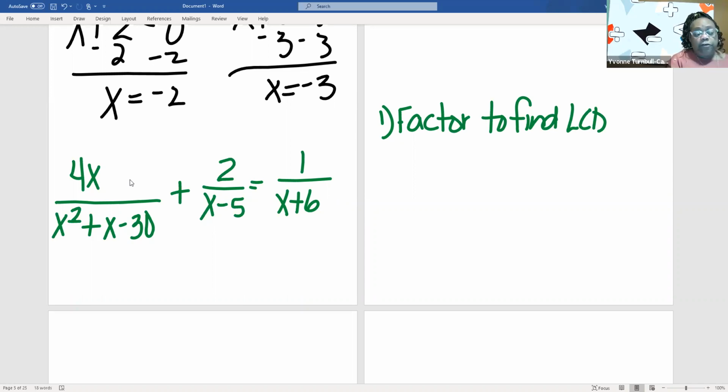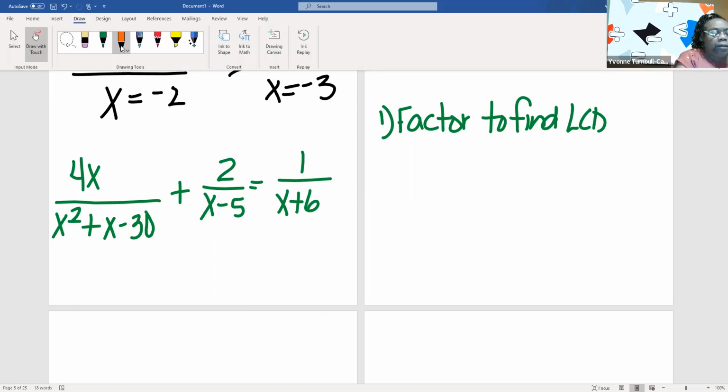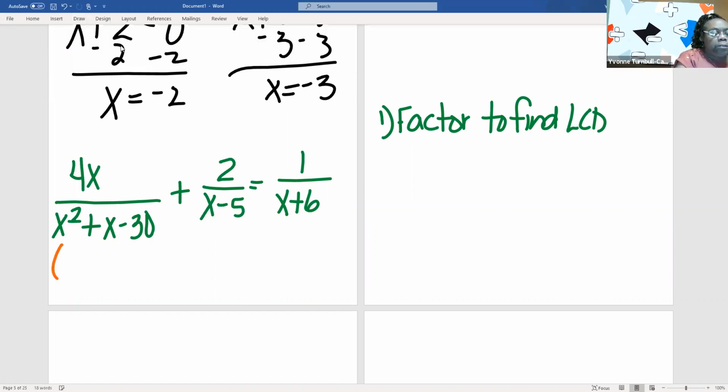All right, of course, there's only one to be factored, and it's the trinomial. So let's factor the trinomial. We're factoring x squared into x and x. We need 2 factors of 30, that's 5 and 6. Because the middle number is positive, we want the bigger number to be positive, so we get a negative 5 and a positive 6.